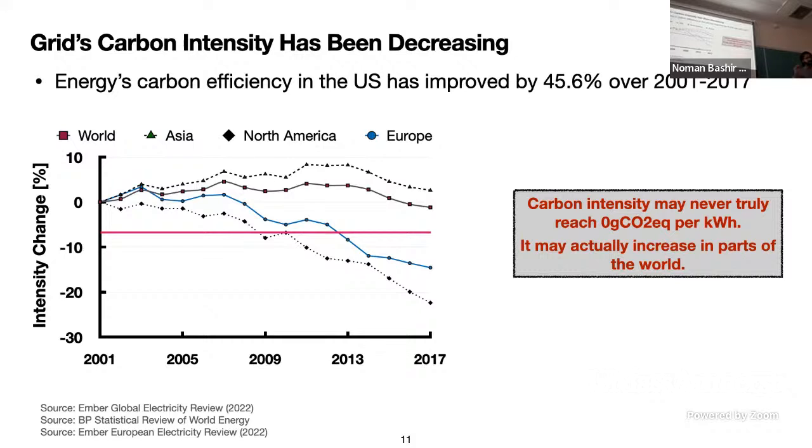If they have to build a coal power plant to fulfill that, they will do that. So you cannot really control carbon intensity worldwide, and it may take a long time for it to go down.